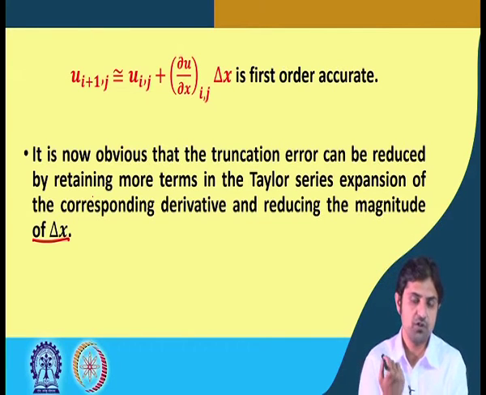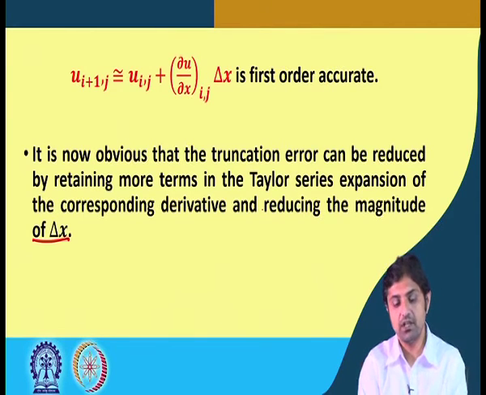The more the number of terms, the less will be the error. And if we reduce the magnitude of delta x, then also the error is reduced, because then delta x squared, delta x cubed will be even more and more less. Therefore, the truncation of those terms we do will be almost negligible.